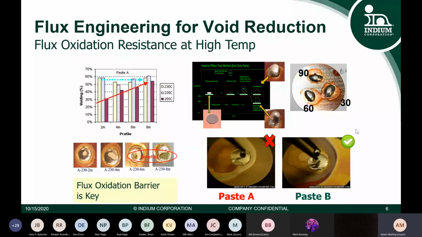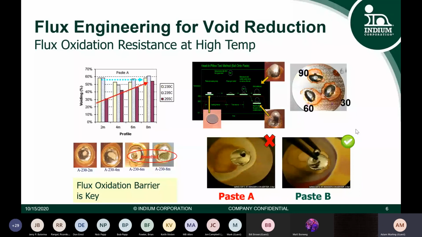So before outgassing has a chance to rear its ugly head, we really need to think about the oxidation resistance to help with the wetting and to promote cohesion throughout the joint as everything's going through the liquidus stage.